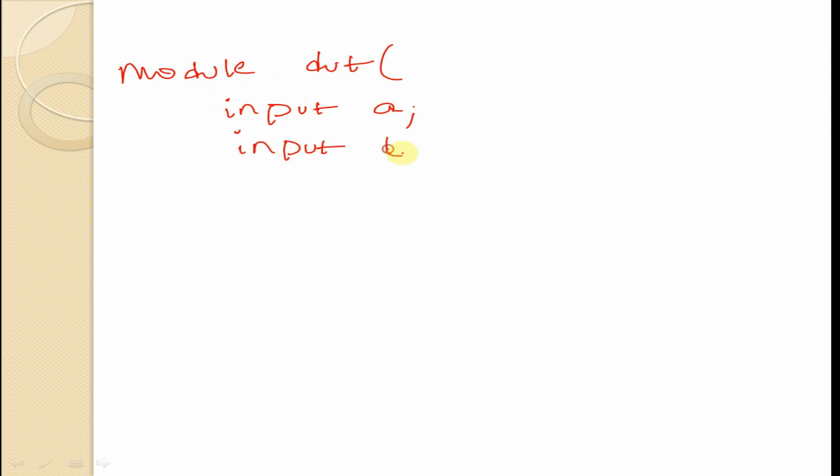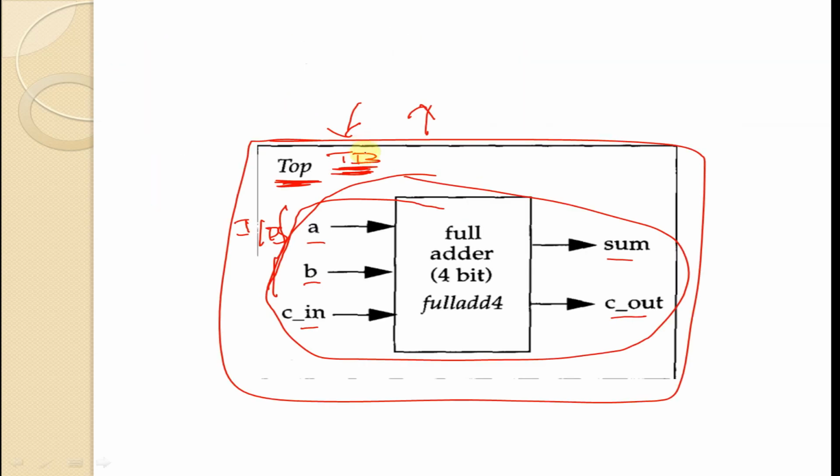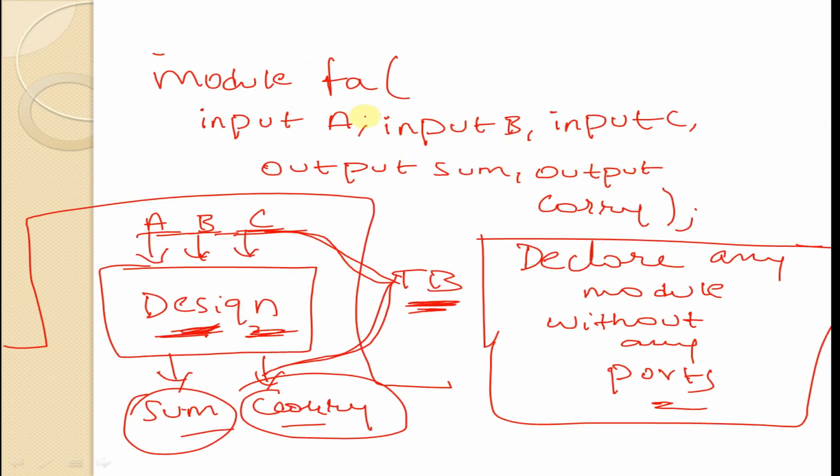So here we declare a module, say DUT, and here there are some input ports, say input A, input B, and output C. Sorry, here also there should be a semicolon. Mistake. Here it is not a comma, it's a semicolon.